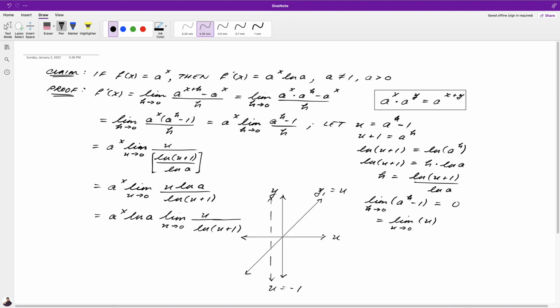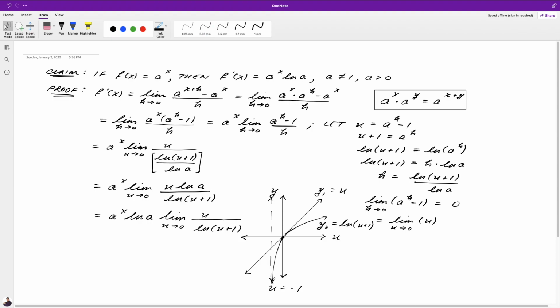So it's actually going to be defined right here, and it's going to come up like so. So this right here, we'll call it y2 is equal to ln of u plus 1.